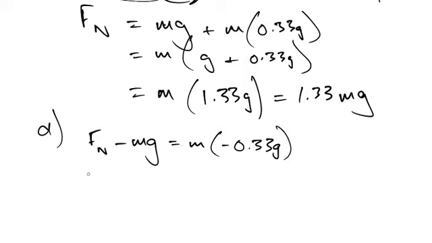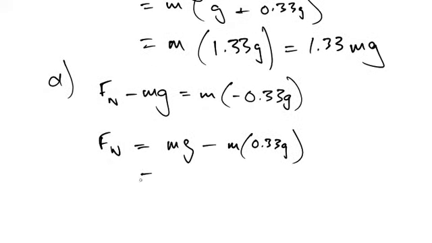So we've got to solve for Fn. This is really easy. It's just going to be mg minus mg times 0.33 g.